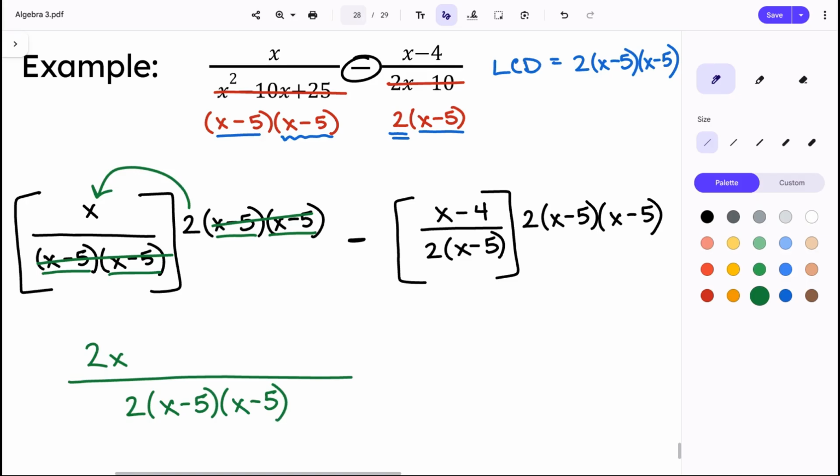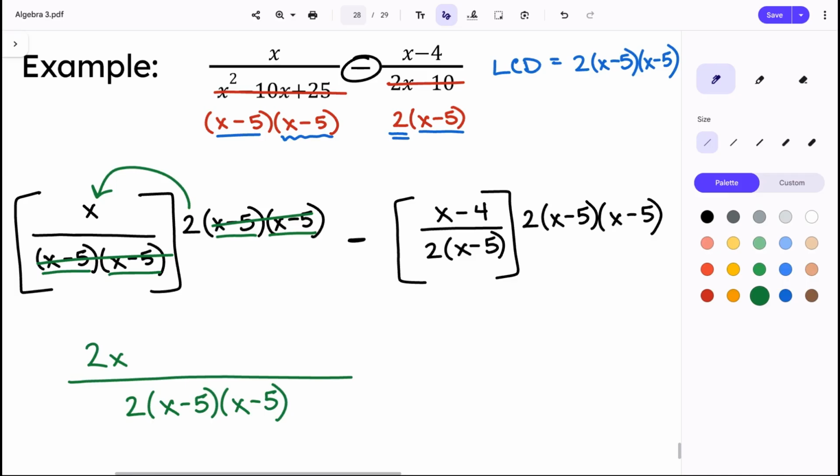I'm simplifying the process a little bit by not having to write out these fractions multiple times. I could go about this a long way, and distribute the 2 to the x, and the x minus 5s to the x minus 2, but I don't think that's worth our time because you're eventually going to have to undo that and cross things off. So I'm trying to save you a little bit of that headache.